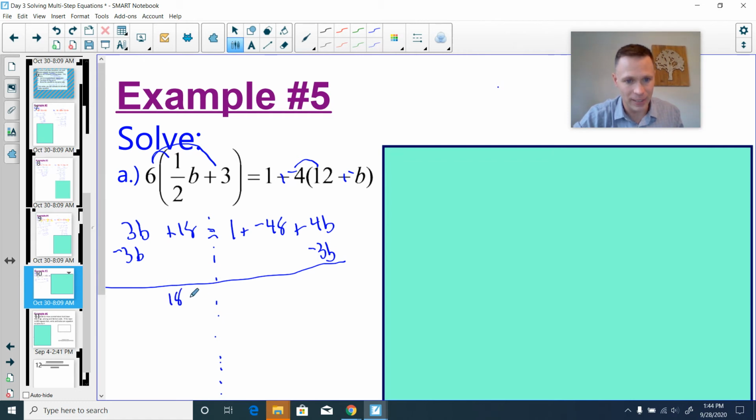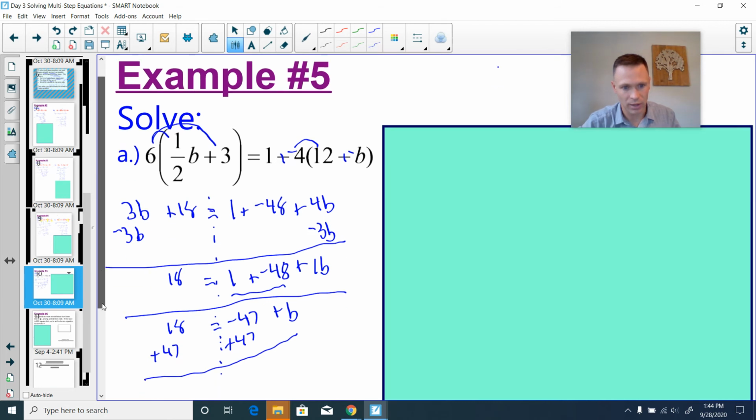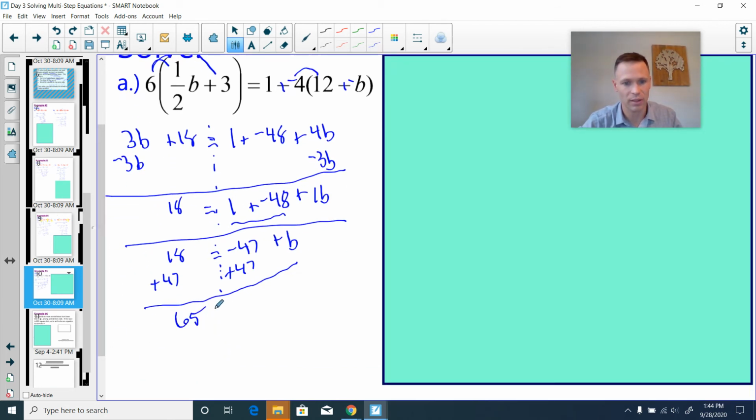So I'm left with 18 is equal to 1 plus negative 48 plus 1b. I will combine these like terms. So I'll get 18 is equal to negative 47 plus b. And again, look, I dropped the 1 because I don't need it, right? So then all I got to do is add 47 to both sides. And I end up with 65 is equal to b.